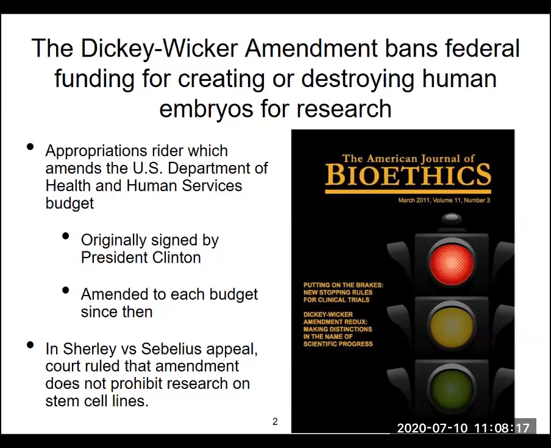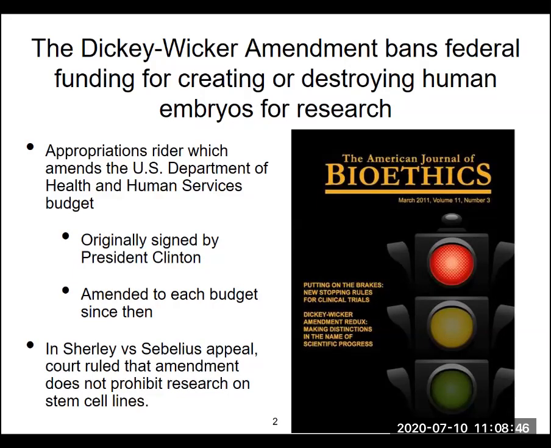It basically says that, regardless of how much money HHS, Health and Human Services, has, they can't use these funds for the creation or destruction of embryos, regardless of whether or not the embryos would be used or destroyed. If they're created by in vitro fertilization, the family no longer needs them because they've been able to get the number of kids that they want.